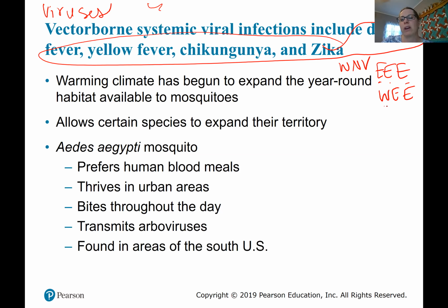These are very rare, but they can be transmitted between mosquitoes and humans and horses. And there was an outbreak last summer of Eastern equine encephalitis in humans in Ohio. So anyway, I was just mentioning that because there was a slight outbreak last year. But these are all considered arboviruses.